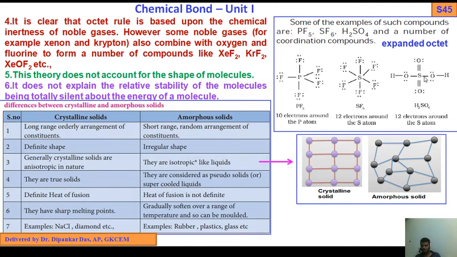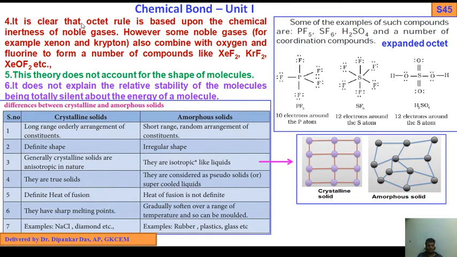So there are 12 electrons around the sulfur atom and 10 electrons around the phosphorus atom. In all these cases the number of electrons present is more than 8, that is, more than an octet. So, expanded octet.